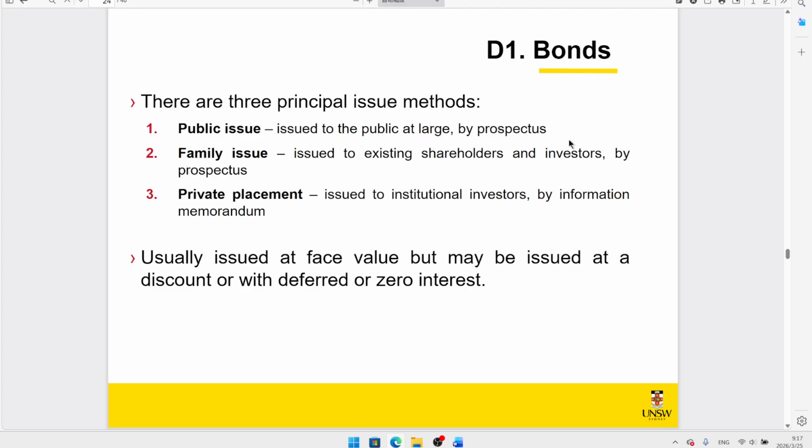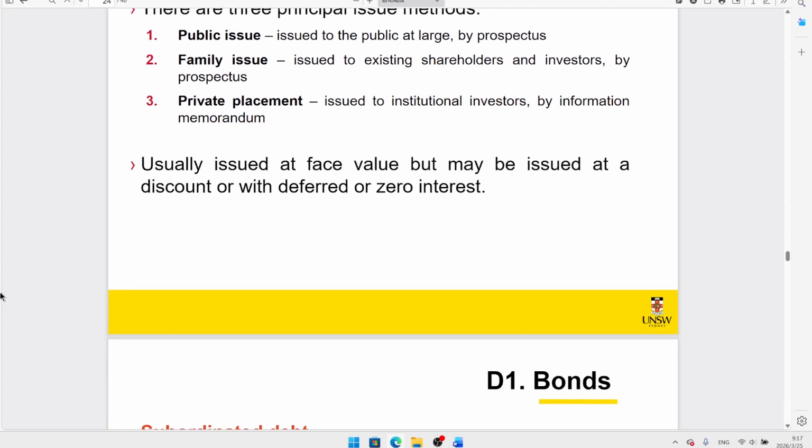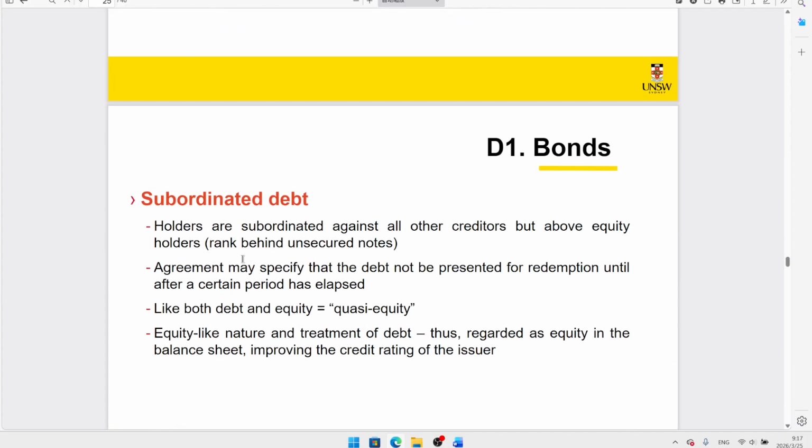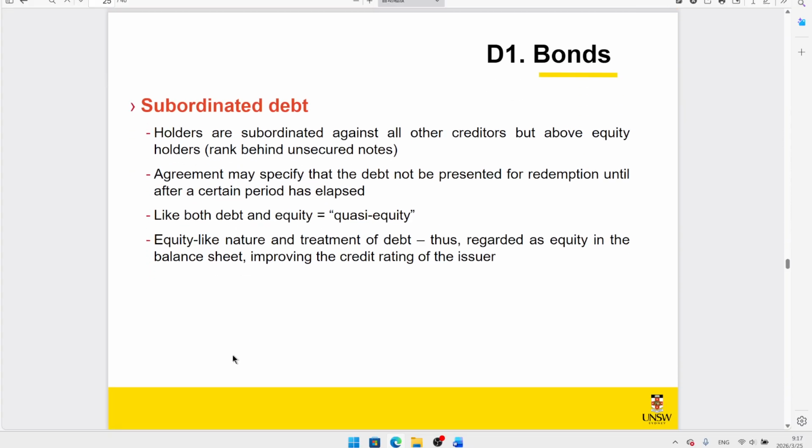A private placement is to institutional investors by an information memorandum. Subordinated debt is ranked below all other creditors but above equity holders. The agreement may specify that the debt may not be presented for redemption until after a certain period has expired, like both debt and equity.